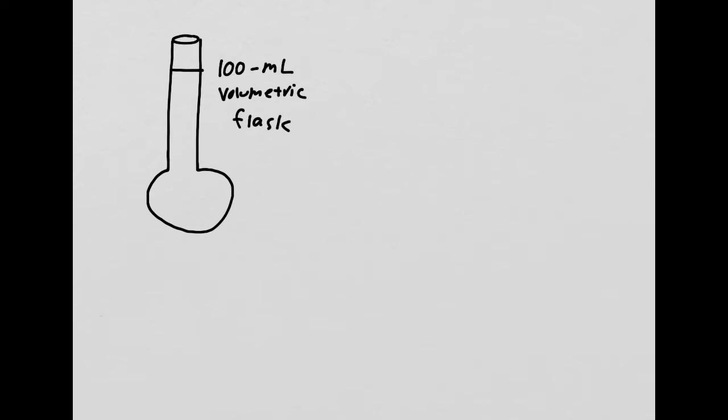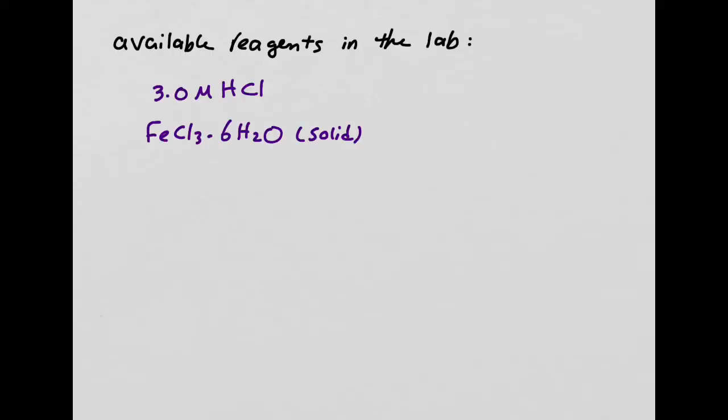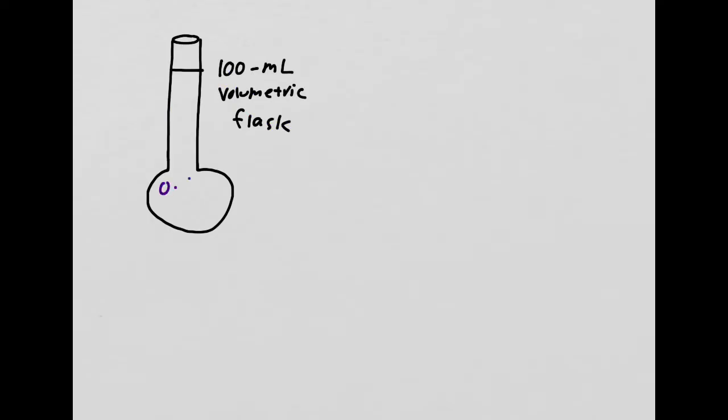Now, again, the point is I need to make a solution that is 100 ml, and in my case, it is 0.50 molar iron 3 chloride and 0.40 molar HCl.